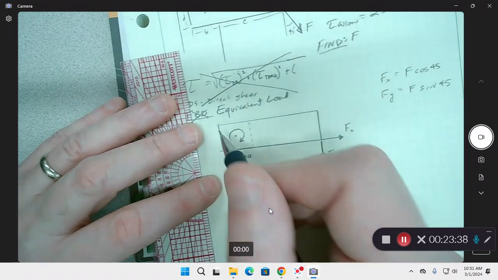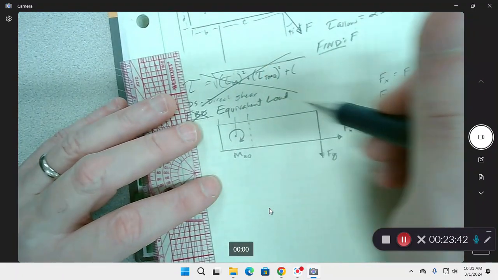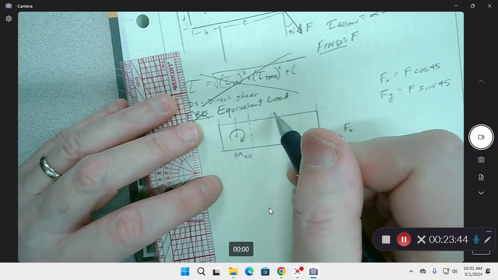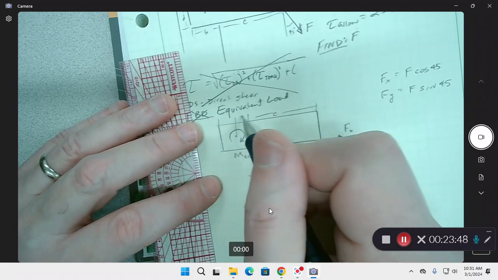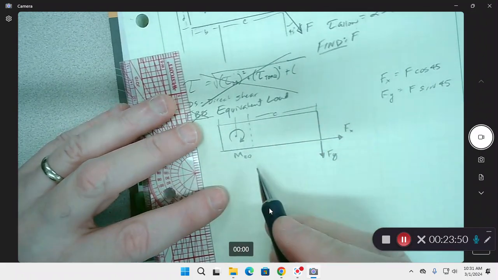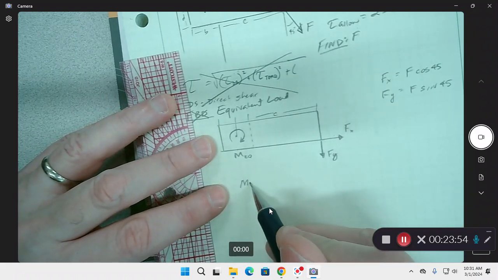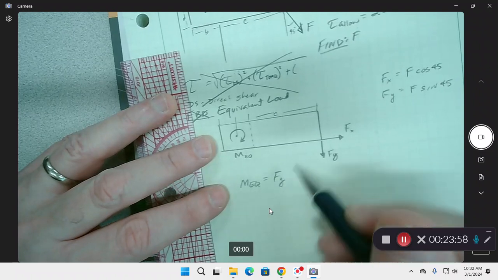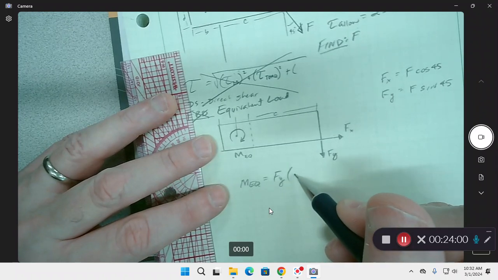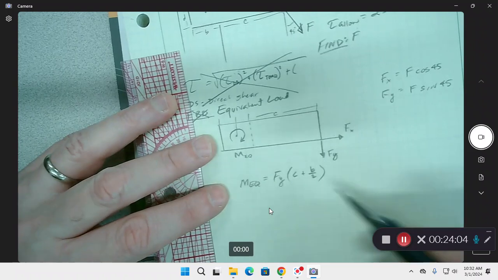What's a little interesting here is we have this distance, which is C, and we have this distance, which is B. So what we would have is the moment arm is going to be Fy times C plus B over 2.